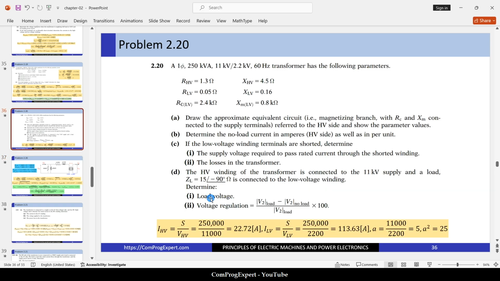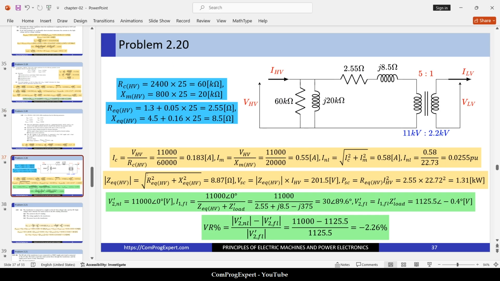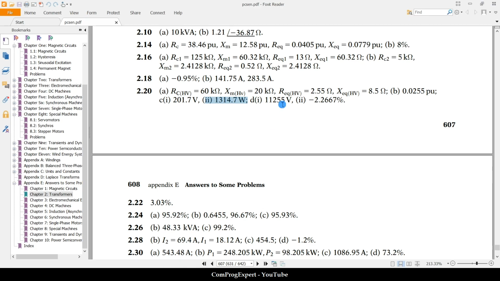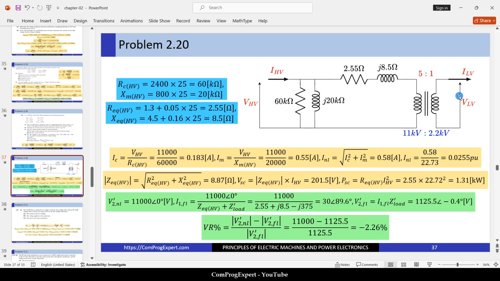So determine the load voltage. The load voltage for this operating condition is 1125. Let's check the number that we have here, by referring the load to the primary, solving the circuit, and calculating the voltage.